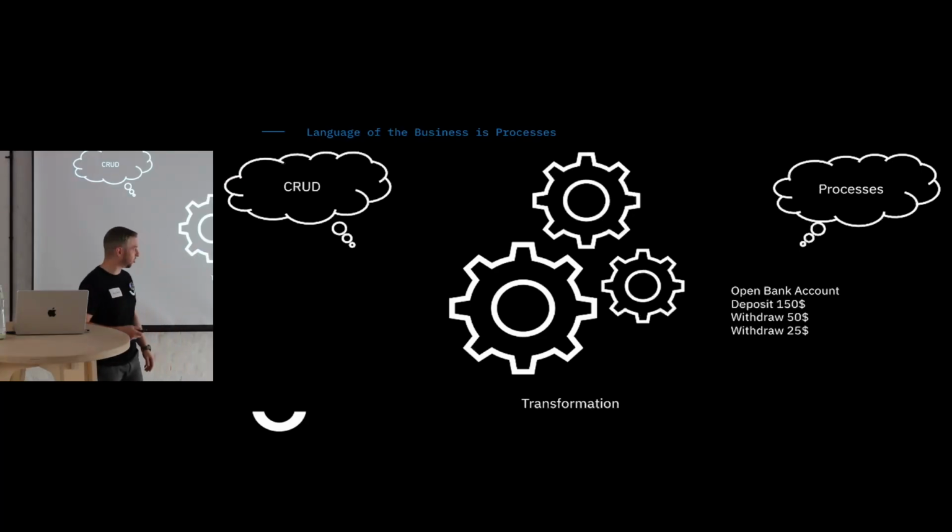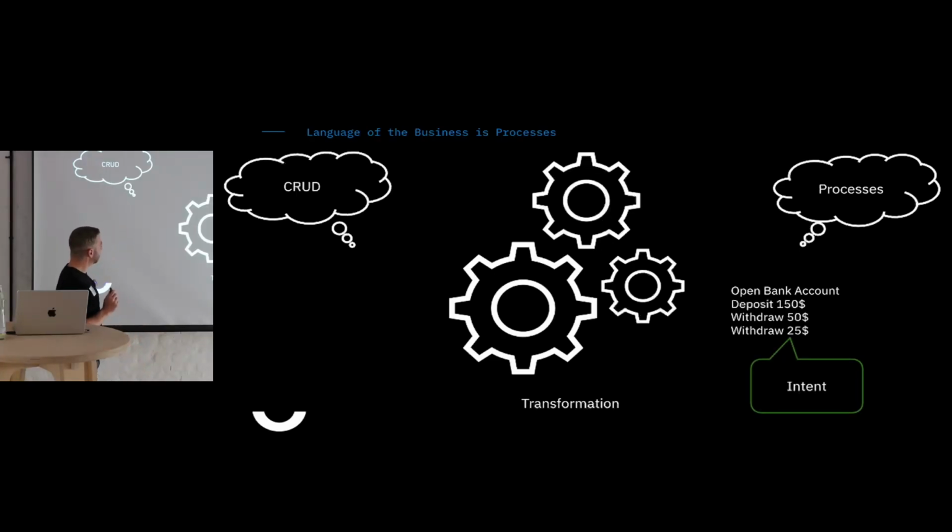So that's actually the language of the bank account. It's the intent, so we can call it, they want to achieve something. Of course, it's a very simplistic example, but maybe you can relate it to your domain.